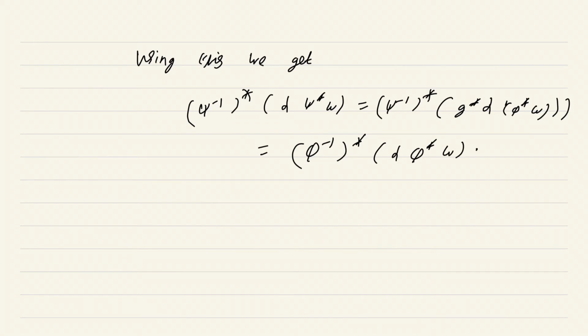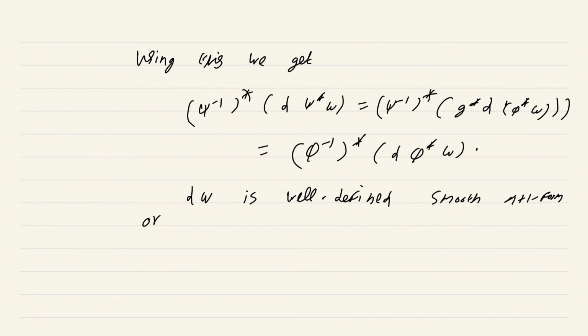Again, I am skipping where these things are defined. I leave it to you to find out the evident domains of definitions of these objects, and this shows d omega is well defined. Irrespective of which local parametrization you choose, you invariably end up with the same k+1 form on the open set. It is a well defined smooth k+1 form on M.